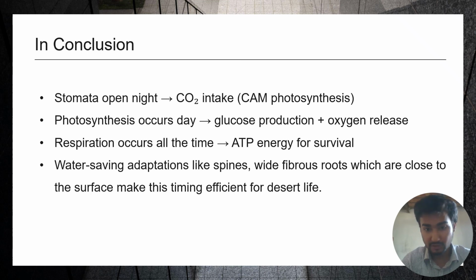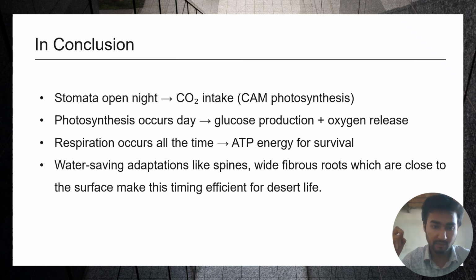Now, this oxygen became kind of confusing for me when I was studying this: how does it release oxygen when the stomata is closed? I found out that they somehow found a way to release it even if the stomata is closed, I think by leaking it or some way. Photosynthesis only occurs during the day, but respiration occurs all the time.